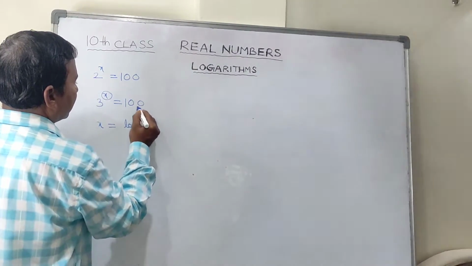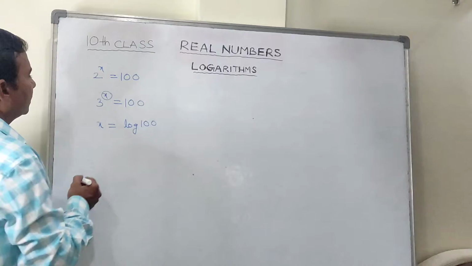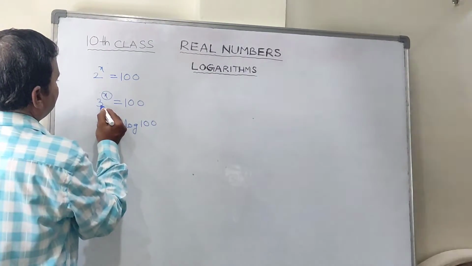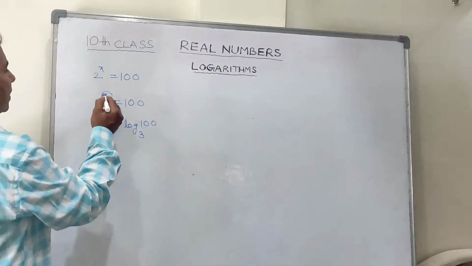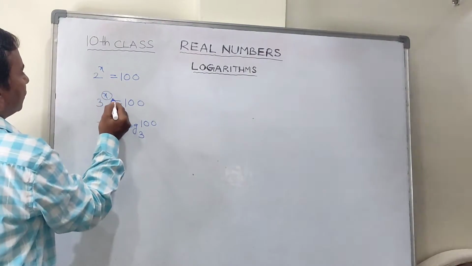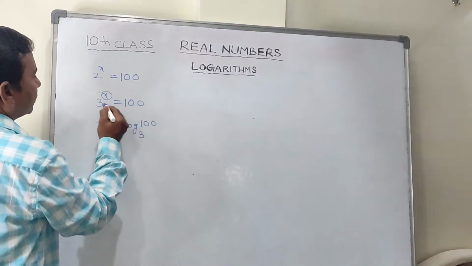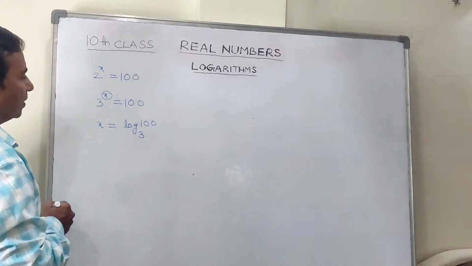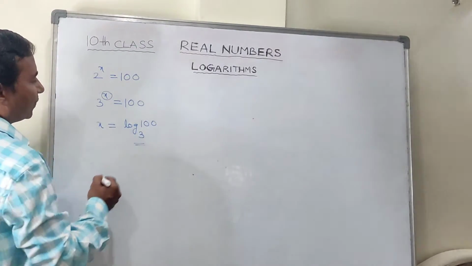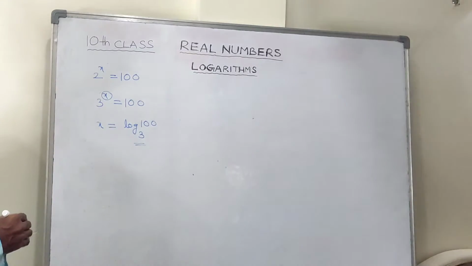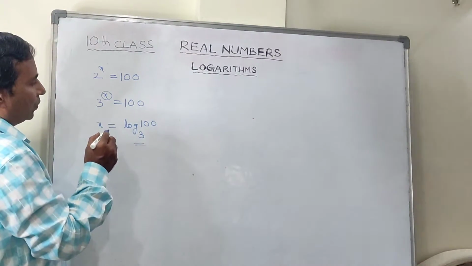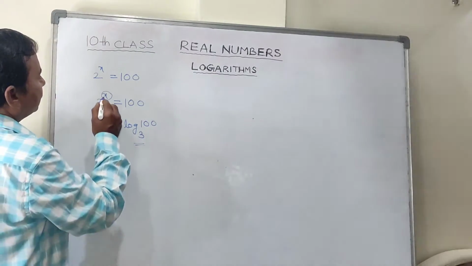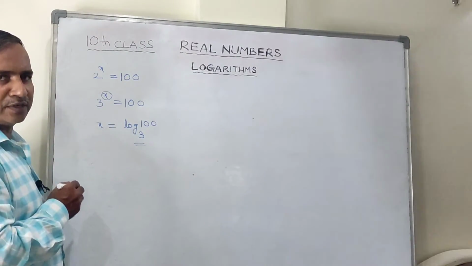Log of 100, the right hand side value, and the same base as the exponent we should take here. So x is equal to log 100 to the base 3. This is the way to find logarithms. So, logarithms are used to find the exponents of given values.